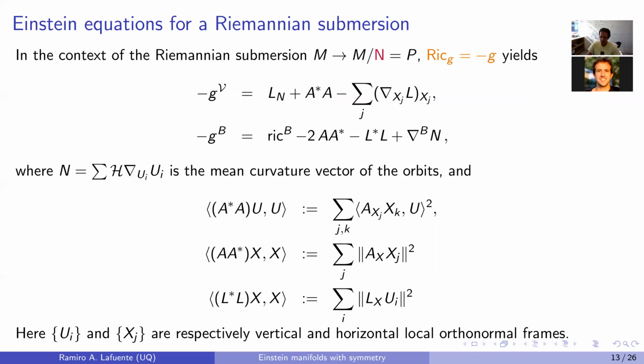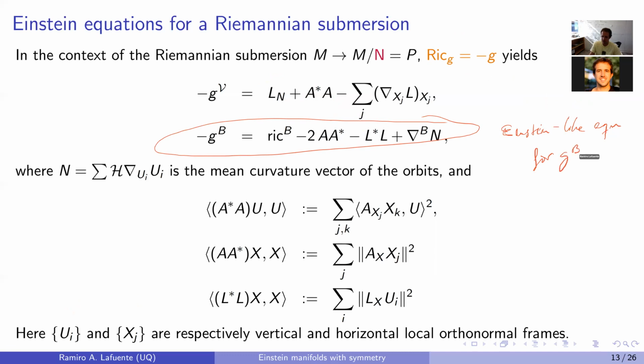The problem is that you could think of this equation as an Einstein-like equation for G_B, but it's not quite the Einstein equation, because there are a bunch of other terms. So maybe a gradient soliton equation, if you want, because of this term, which in some cases will resemble the Hessian of some function. But it's not quite the gradient soliton equation for G_B; there are more terms.